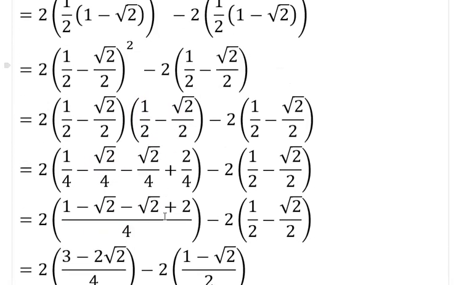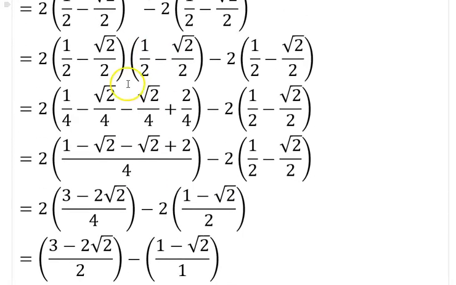Beautiful. So let's see how we can iron this out. Just open up this bracket. 1 over 2 times 1 over 2 will give us what? 1 over 4. 1 over 2 times minus root 2 over 2 will give us root 2 over 4, just like saying 1 times root 2 gives root 2, and 2 times 2 here gives 4. Now the next one, minus root 2 over 2 times 1 over 2 will give us minus root 2 over 4.